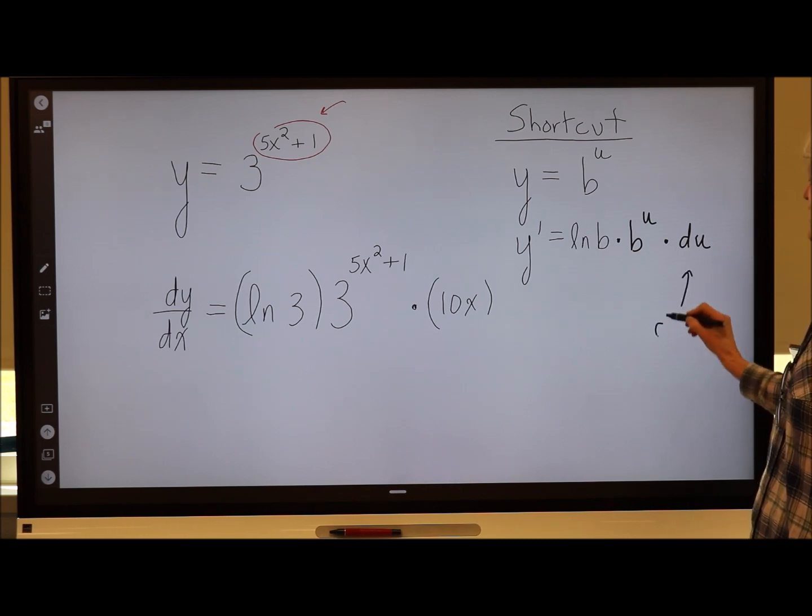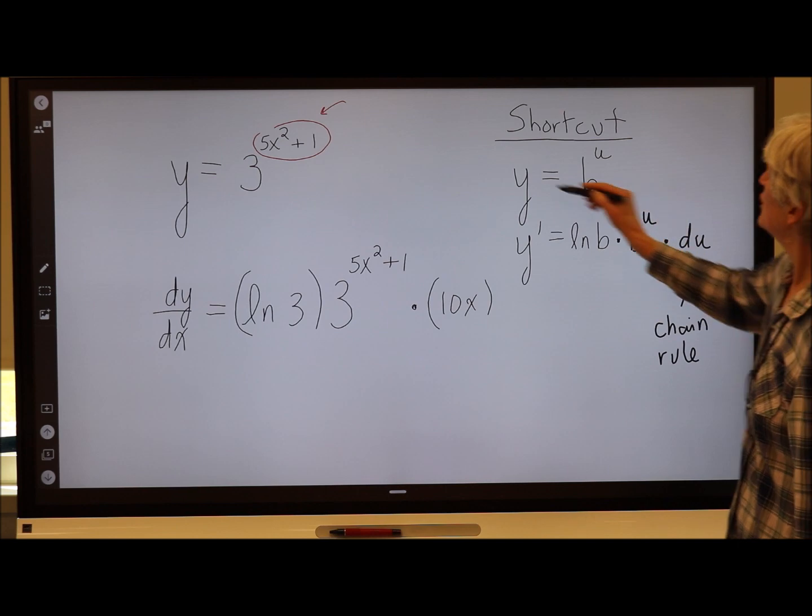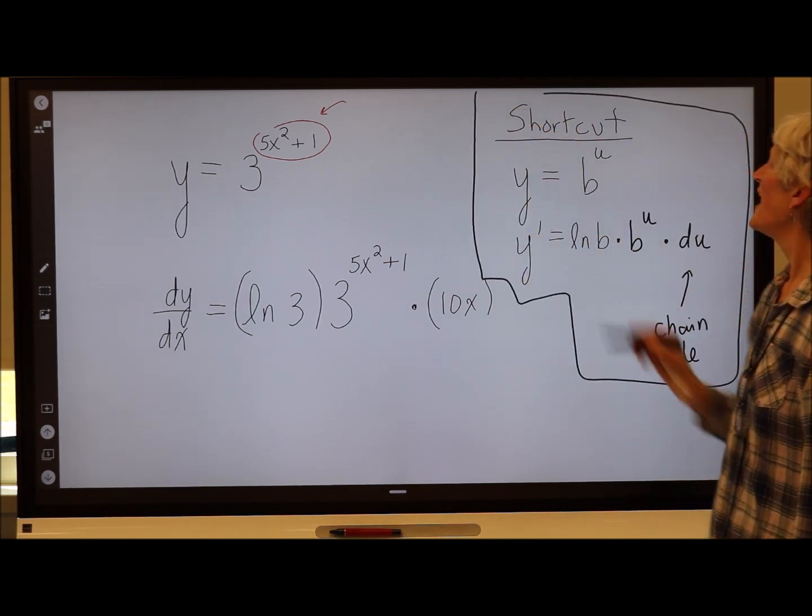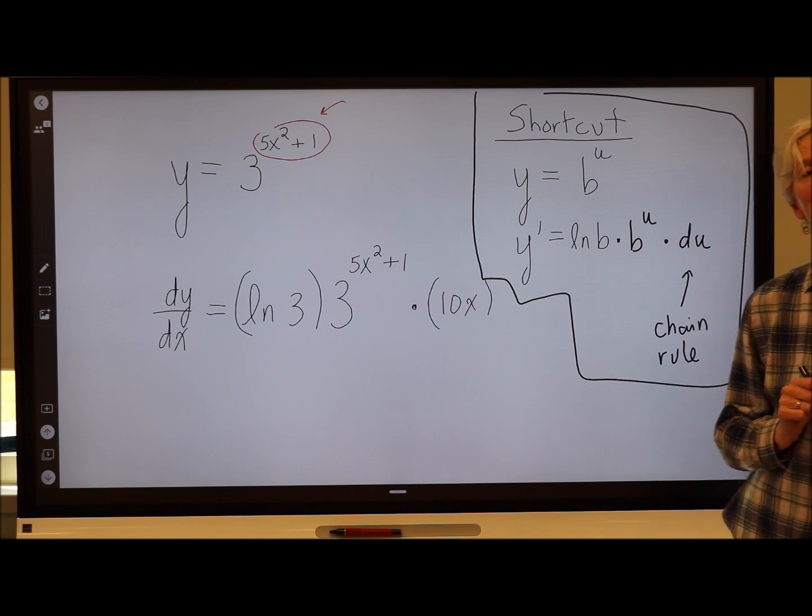And that's the chain rule component. Okay? So here's the shortcut for finding derivatives of exponentials.